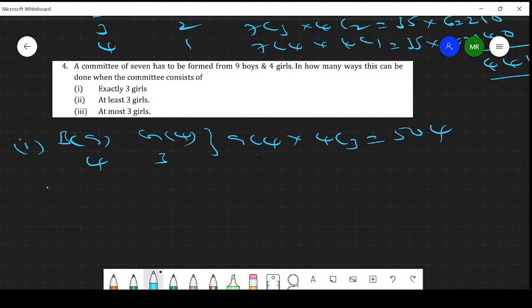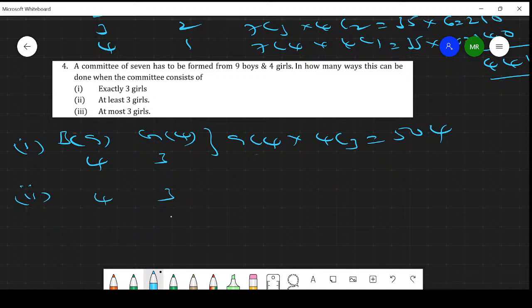The second case, at least 3 girls. They are saying at least 3 girls means minimum 3 girls cases you can see here. When I am talking about boys we have 9. In this case at least 3 girls means minimum 3. 3 will be there, here I can take 4.